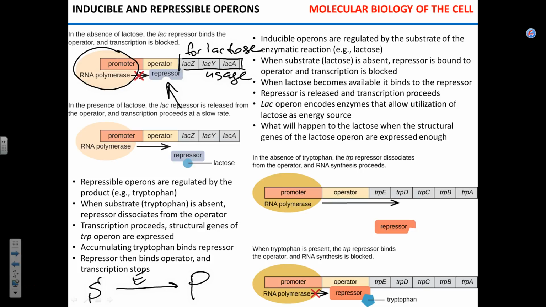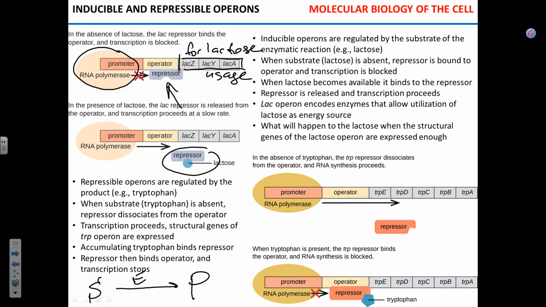When lactose appears in the environment, lactose molecule binds to the repressor, and this complex dissociates from DNA. Does that make sense? Yes, except what is the repressor?